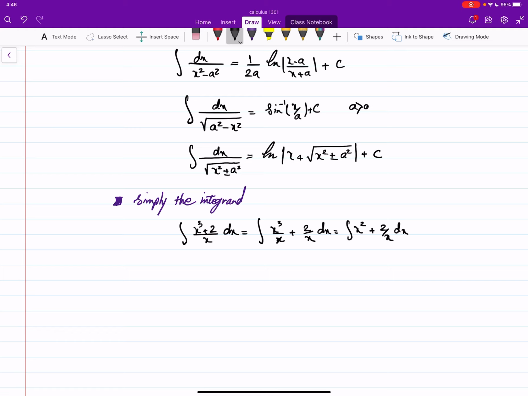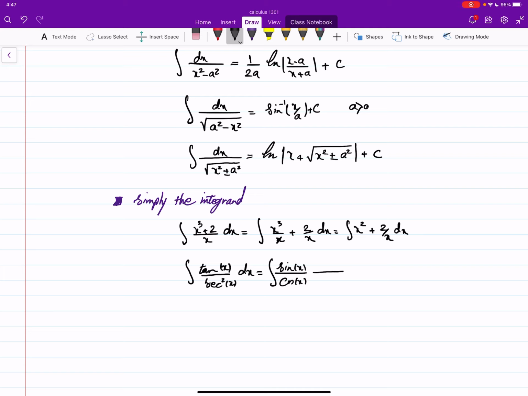Or when you have trig functions, if the trig integrals are not in the forms that we know, you may always look at changing the format. For example, here you see I can go ahead and write tan as sine x over cosine x.